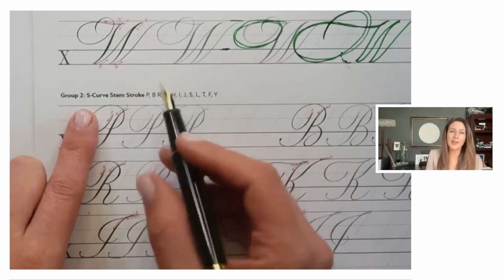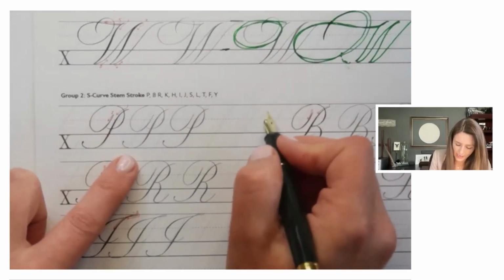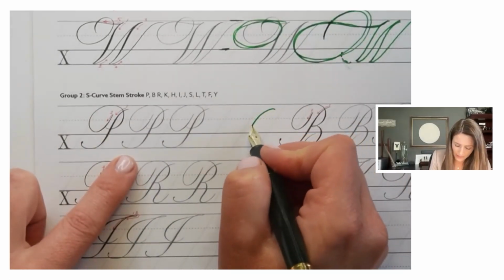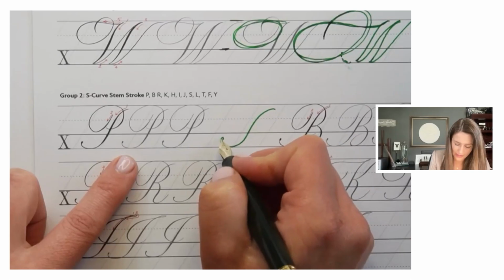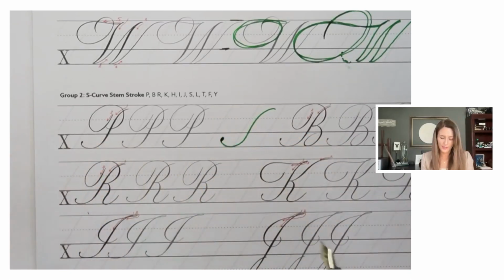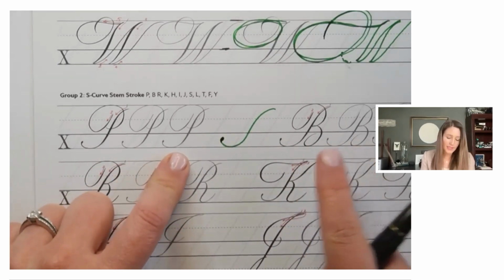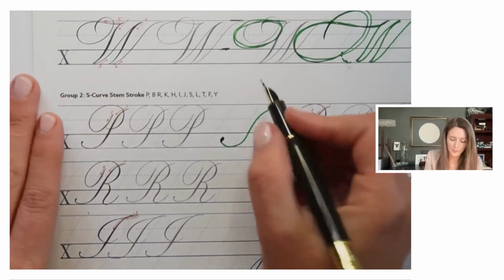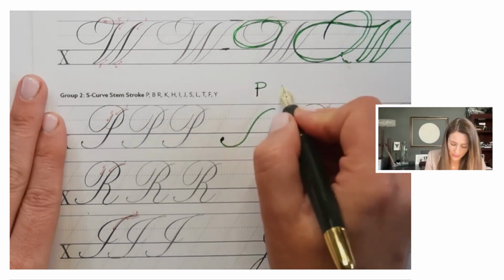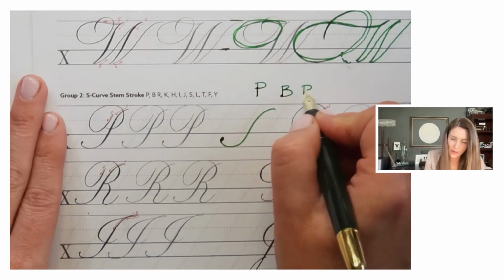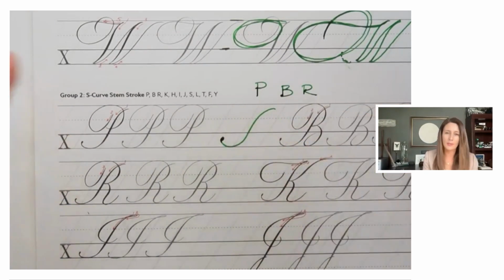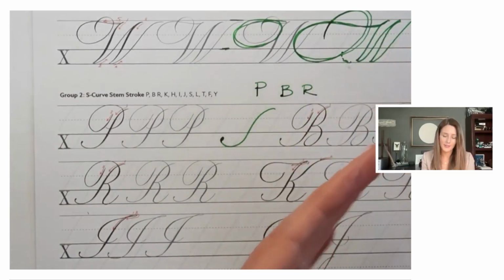This group, what they all have in common is this same S curve as their stem. Okay, so you're going to see it in all of the letters. So even the J, it's just going to be stretched out. What I will call out is that when we think about the letter P or a B or an R in regular handwriting, we think about that ball shape being on the right side of the stem.